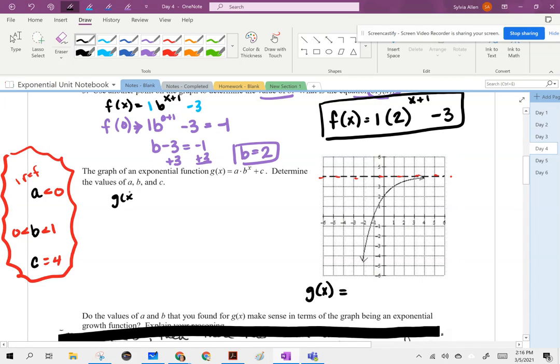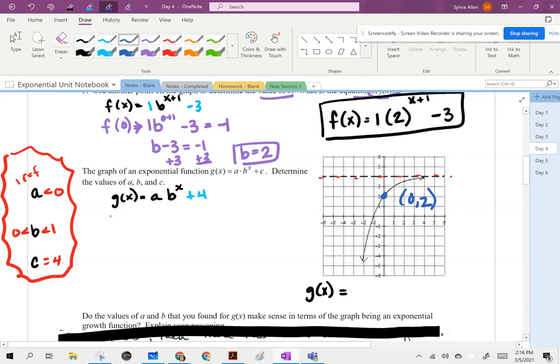G of x is equal to A B to the power of x plus 4. So already I know I want to go plus 4. Now what I need is a point. So let's go ahead and use the point 0, 2.